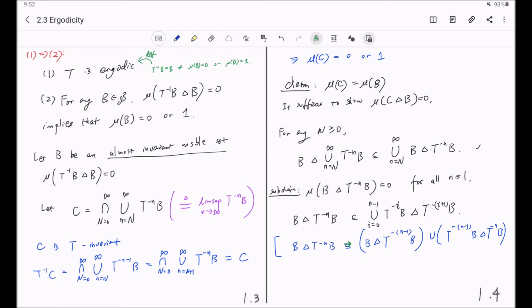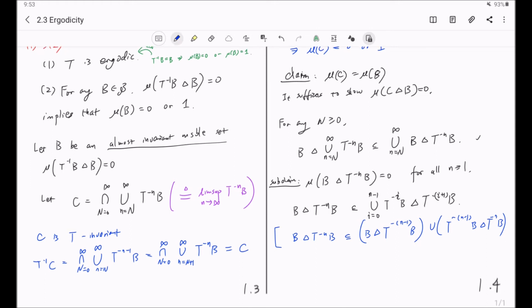So why is this containment true? This is true because you can consider several cases.